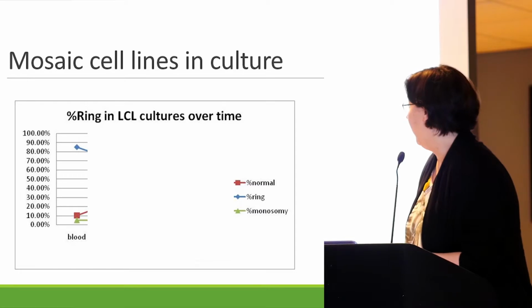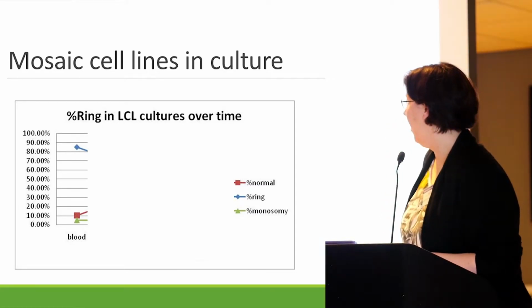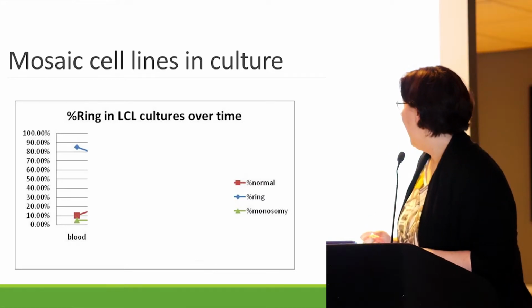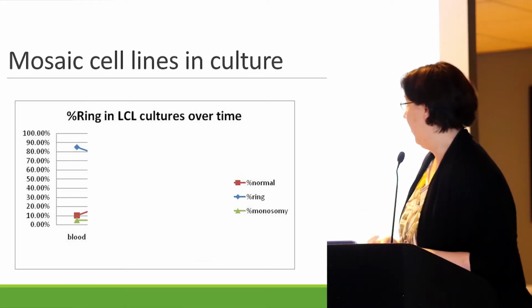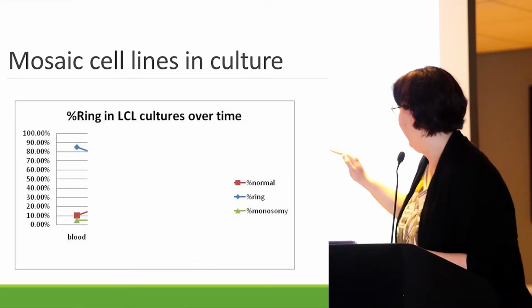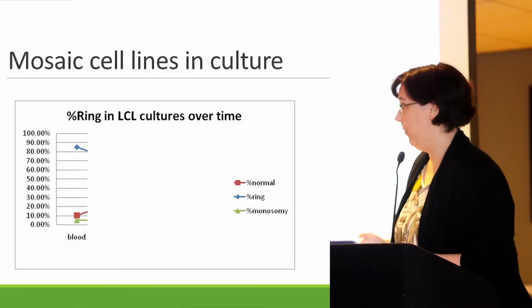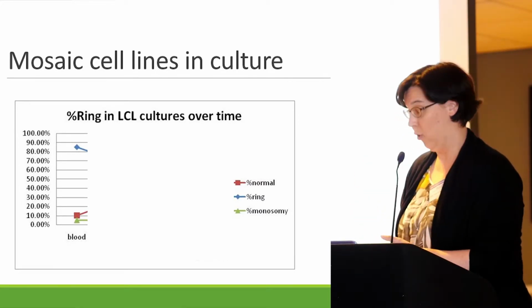So this is just looking at one of these LCLs, which is a blood cell line culture. We started out with a patient who was Mosaic. They had about 85% ring, and so there was 10% that was normal.